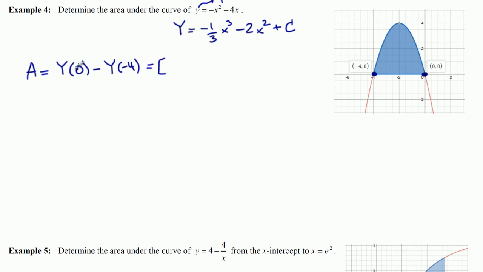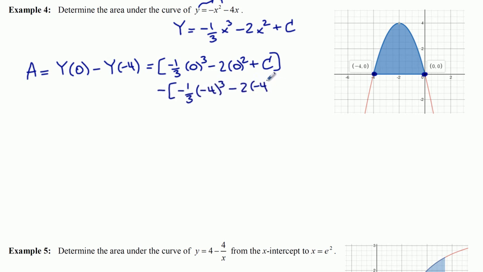So you're going to sub in a 0 everywhere you see an x in here. So it'll be negative 1/3 times 0 cubed minus 2 times 0 squared plus c. And then you're going to subtract from that negative 1/3 times negative 4 cubed minus 2 times negative 4 squared plus c.